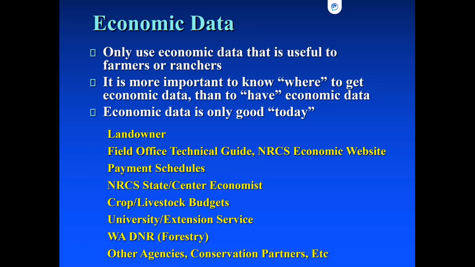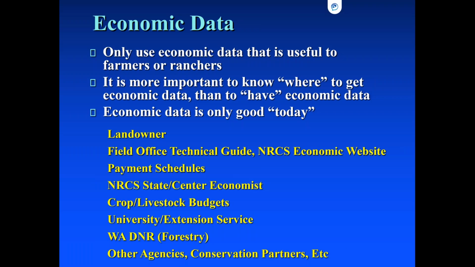Crop, livestock budgets, you can get those from University and Extension Services. You can also, Richard Fleener is our grazing land specialist. We don't have a state agronomist right now. We're trying to get that on our list of positions to rehire.